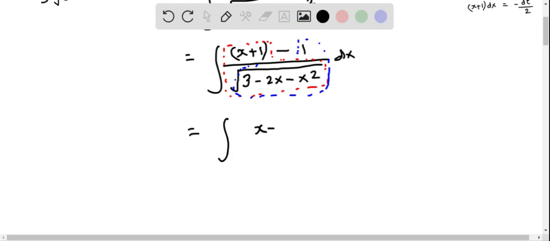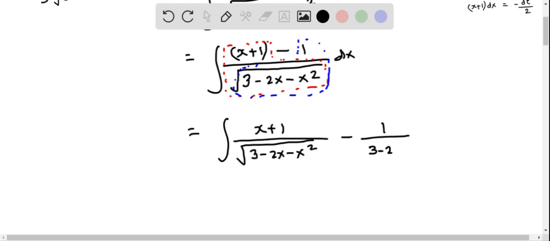This is x plus 1 over the same denominator, that is the square root of 3 minus 2x minus x squared, minus 1 over the square root of 3 minus 2x minus x squared, whole dx.